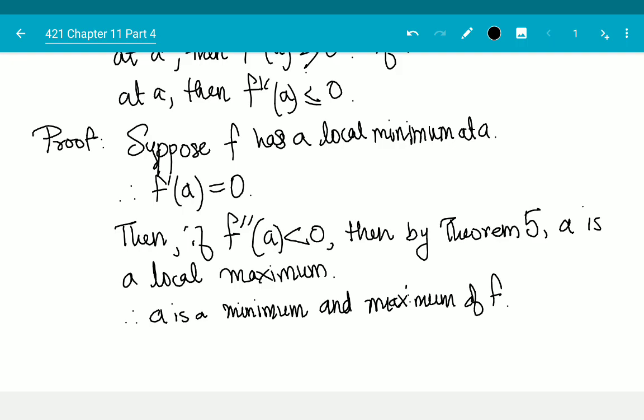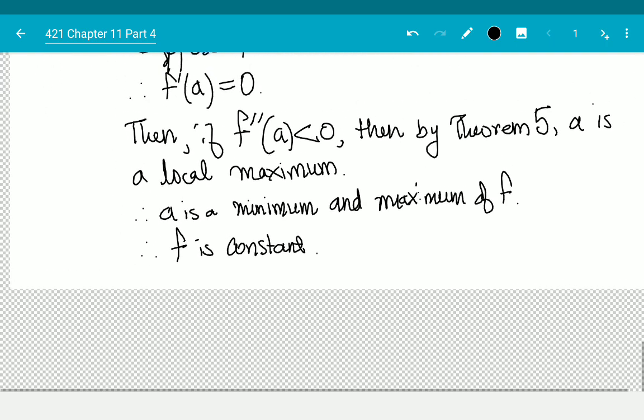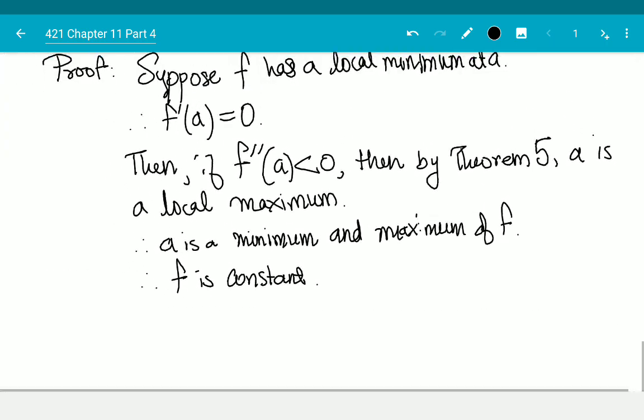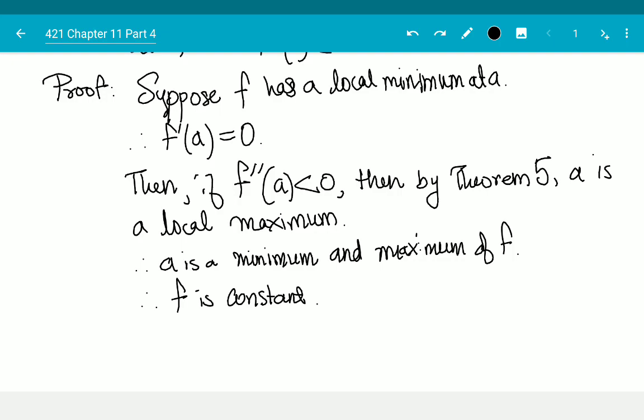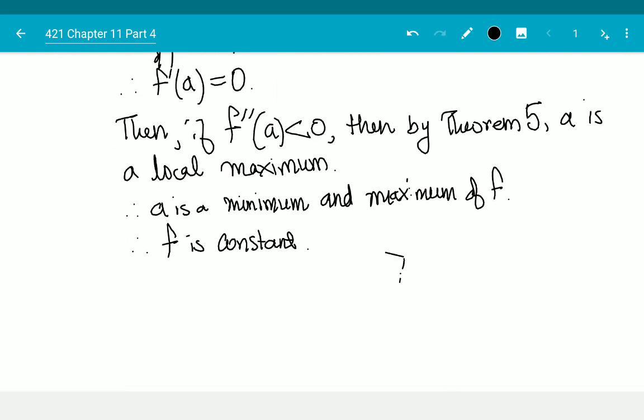And therefore f is constant, right? Because if it's minimum and maximum of f, the only possible way that is happening is if f was constant.